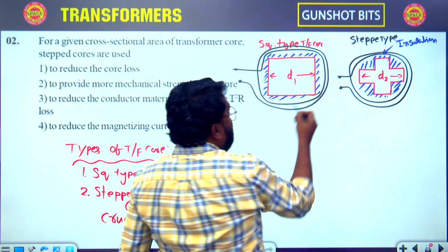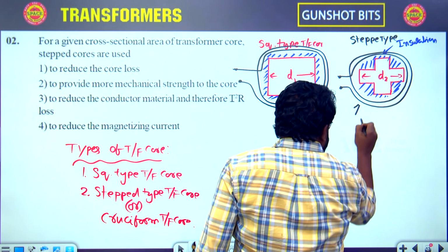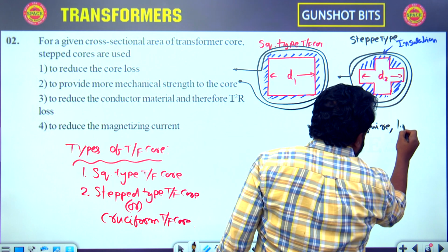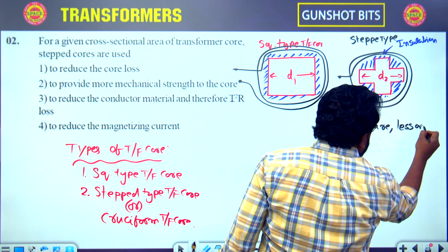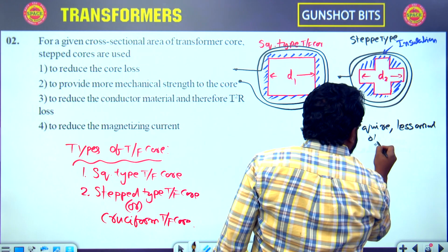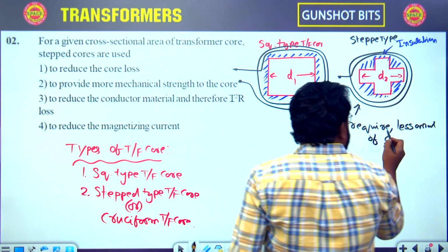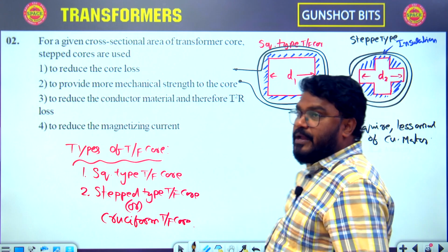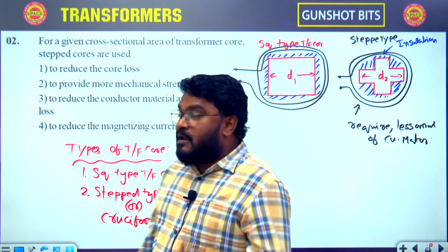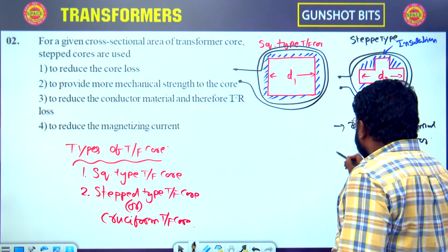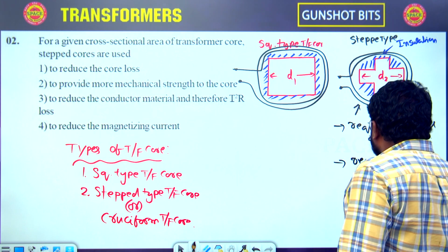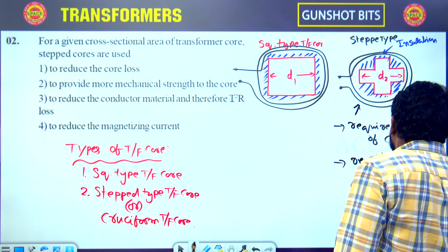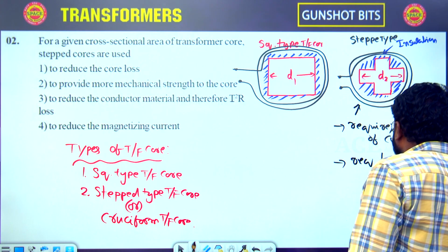That means the stepped type transformer requires less amount of copper material as compared to the square type transformer core. It also requires less amount of insulating material.